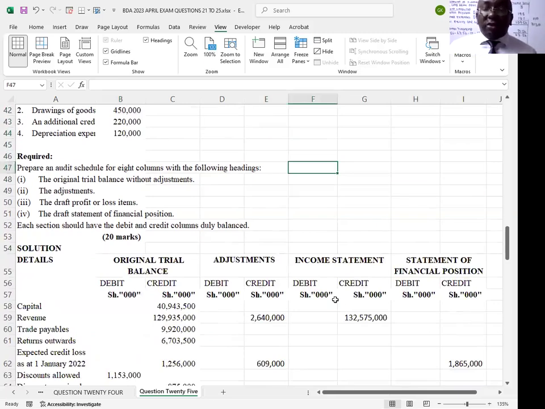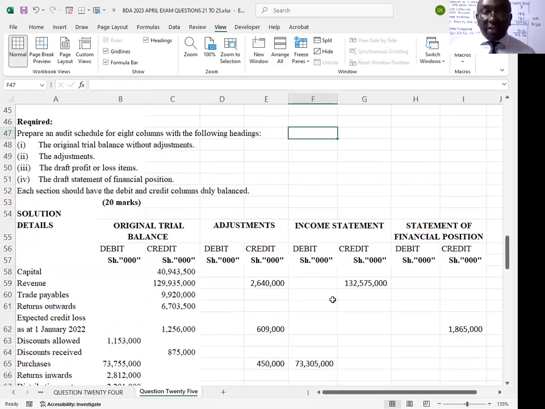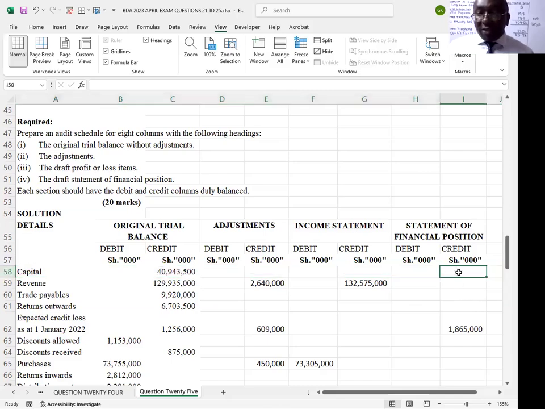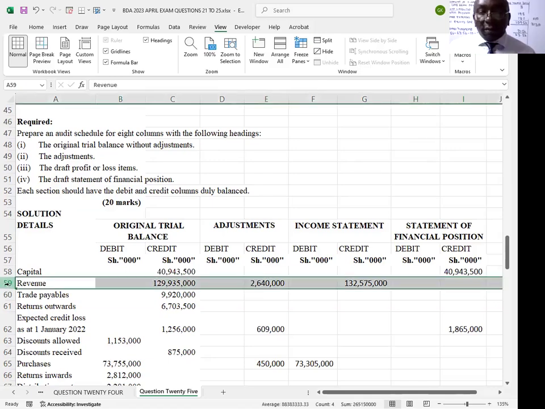Now, once you're done with the additional information, what you do next is to complete these items. For the capital, it has not had an adjustment. So that means it should come here to the end, the way it was at the beginning. So this one, you bring it there. Revenue, we have had an adjustment here.